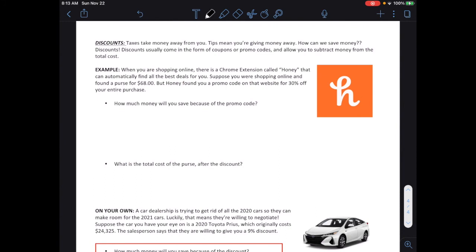So basically, we're going to do the exact same thing that we've been doing. So we take 30 over 100 because we always have our percent over 100. And then our is what we're looking for. And our cost is $68. So we're going to cross multiply here. So we have 100x equals 30 times 68. So it's 2040.